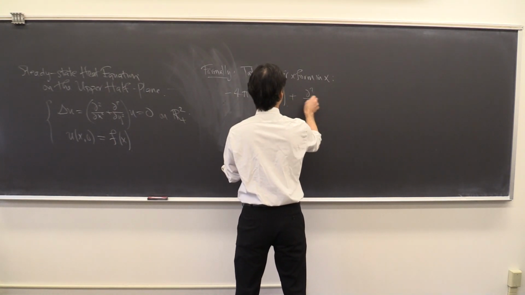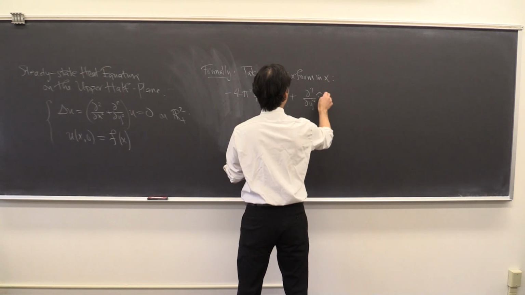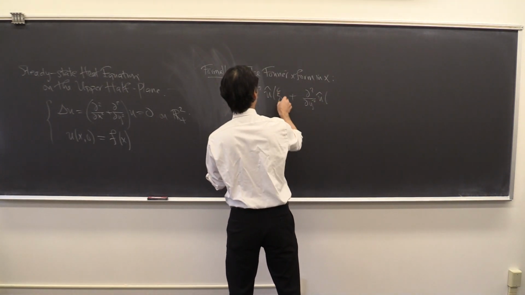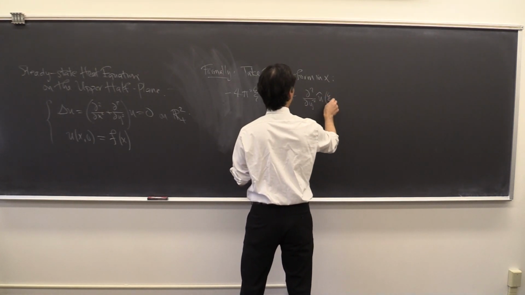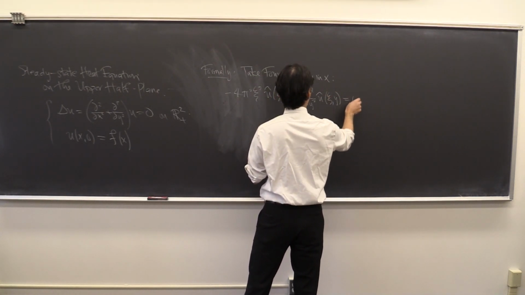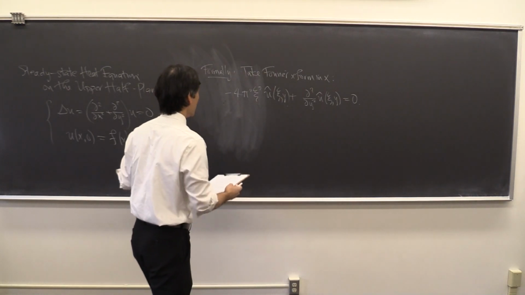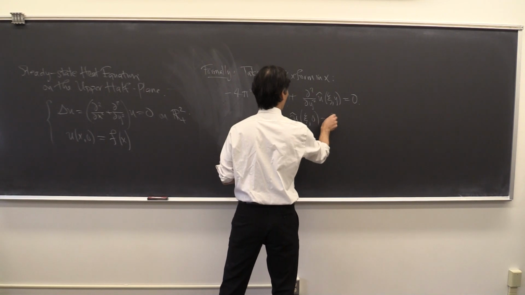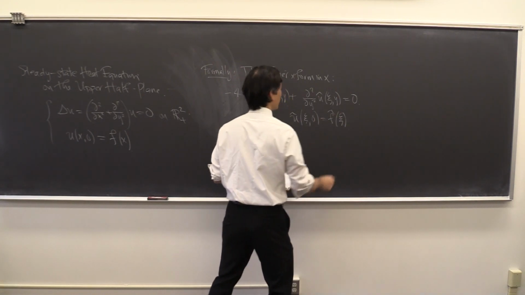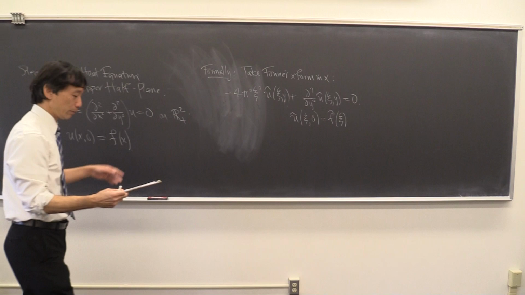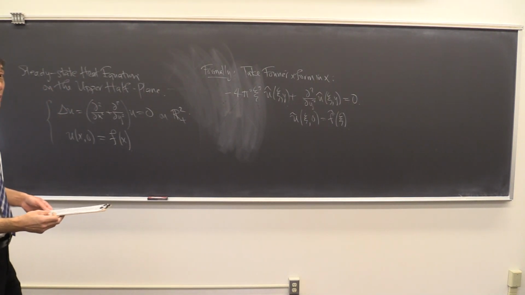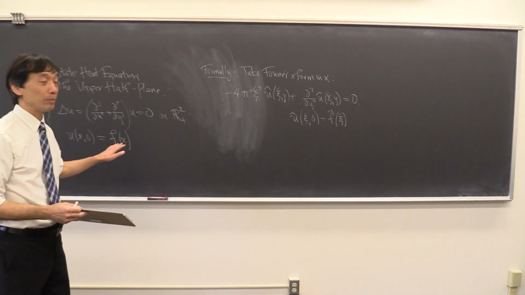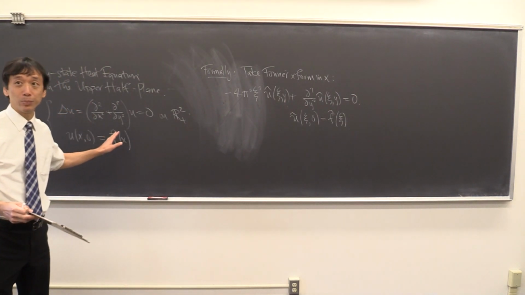We just pass the Fourier transform through. We get the second derivative with respect to y of u hat of c, y, equals 0, and then the second condition turns into u hat of c, 0 is f hat of c. So we just transform it. We're doing kind of the same procedure as before.